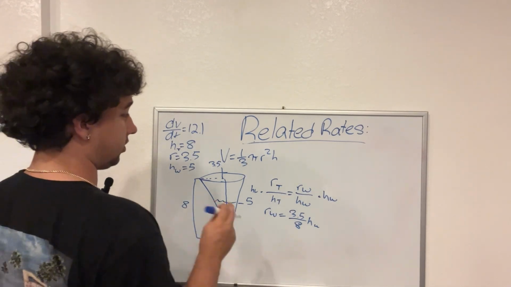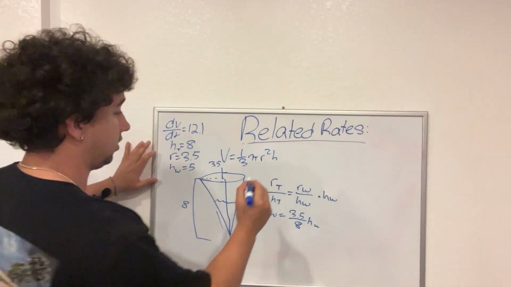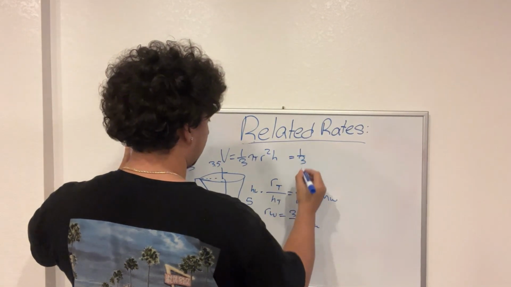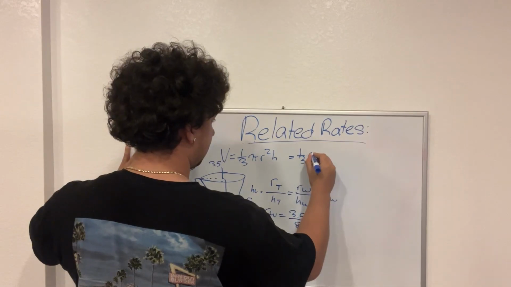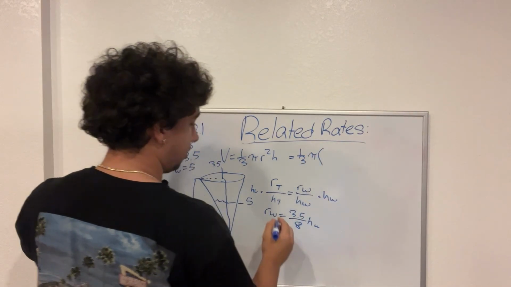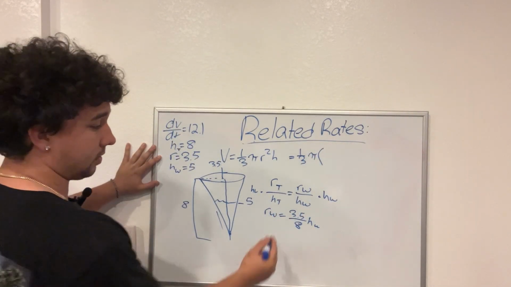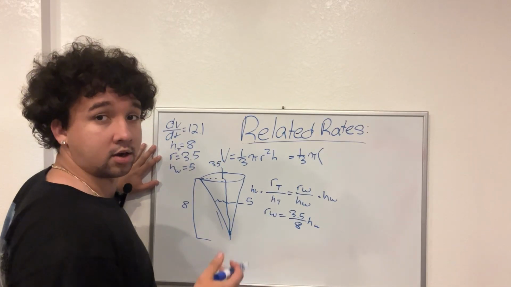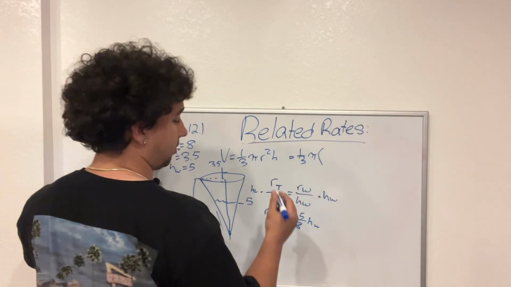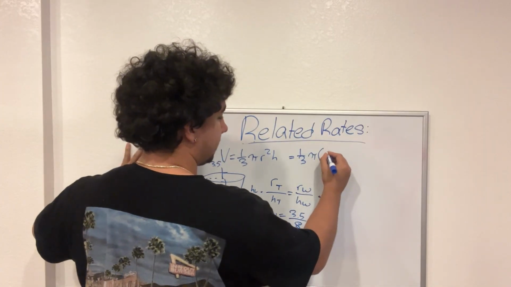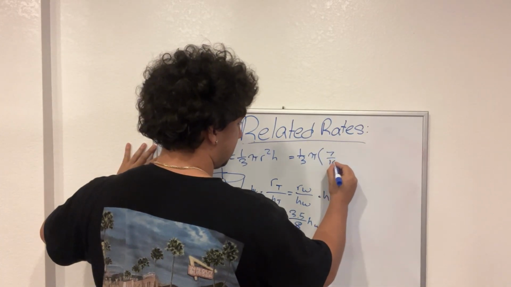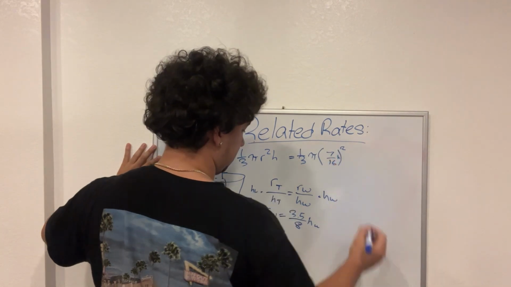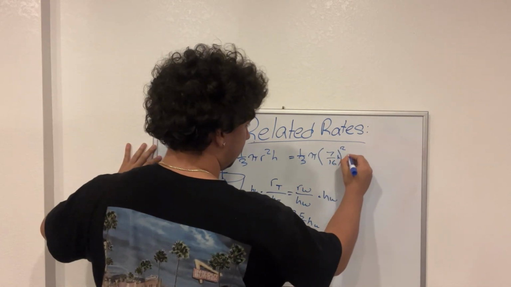So now I'm going to rewrite this equation. V equals 1/3 pi times, well, I don't really like the decimals, so I'm going to multiply the top and bottom by 2, just creating a more convenient fraction. 7 over 16 squared times height, times height.